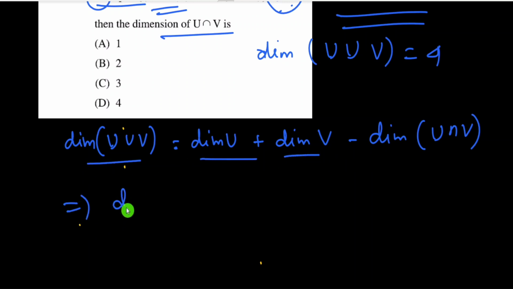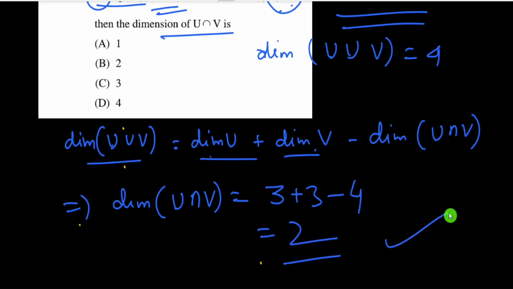Therefore dimension of U intersection V is equal to dimension of U plus dimension of V minus dimension of U union V. So this gives 3 plus 3 minus 4, and this is equal to 2. Clearly option B is correct here.